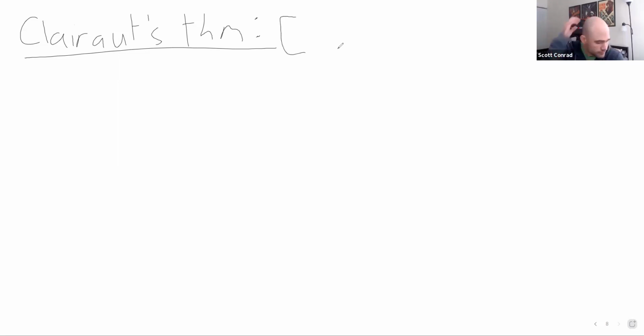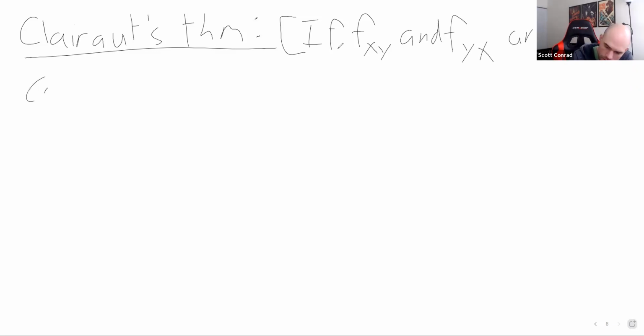So if you have a function of x and y, so this is a bit of technical stuff that you can forget, at least in this class. So if f sub xy and f sub yx, so both of these things are continuous, on some open disk D. Don't worry too much about what an open disk is.